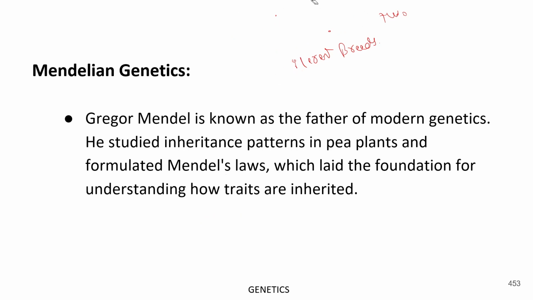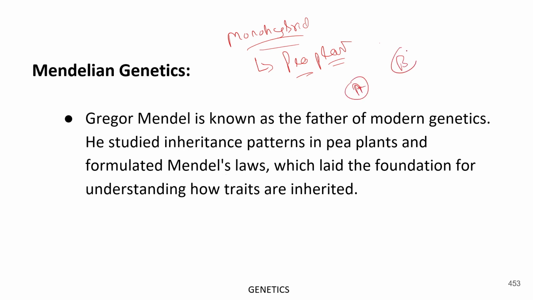Now let's take an example of a monohybrid. In a monohybrid cross, he took pea plant A, then plant B. But these plants were not similar because one of them is tall and one of them is dwarf. So these plants are not the same in physical features.